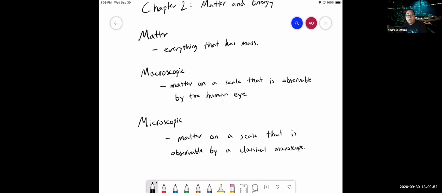So classical microscope. So like anything of biological nature, like a skin cell, maybe an egg cell, a virus, a bacterium.